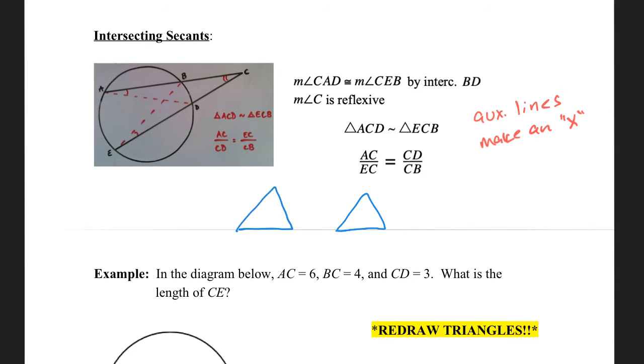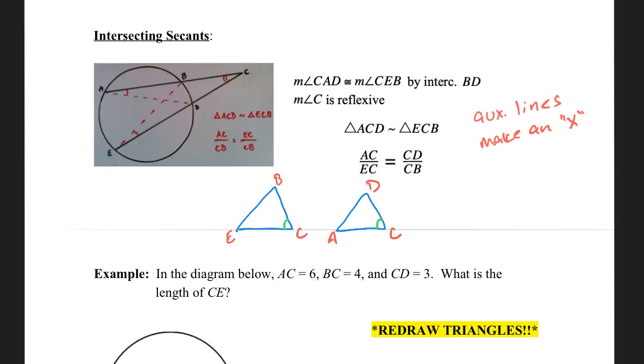So I have E, B, C, C is going to be the same over there. A is the same as E, so that makes this guy D up here. So if you can't see these guys, just go ahead and redraw your triangle.